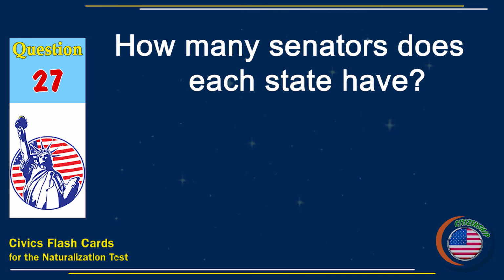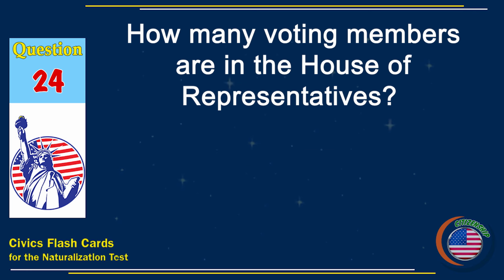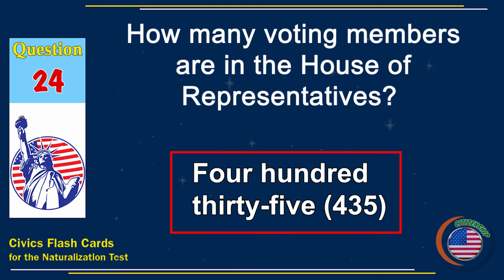How many senators does each state have? 2. How many voting members are in the House of Representatives? 435.